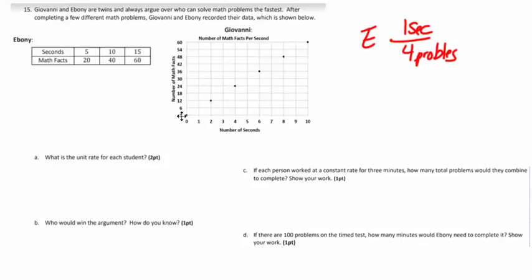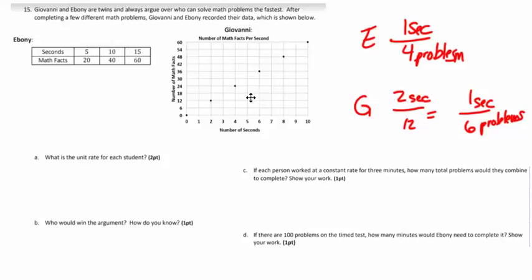And Giovanni, if you look here, Giovanni, in 2 seconds, they can do 12. So that means in 1 second, he can do 6 problems. Okay.